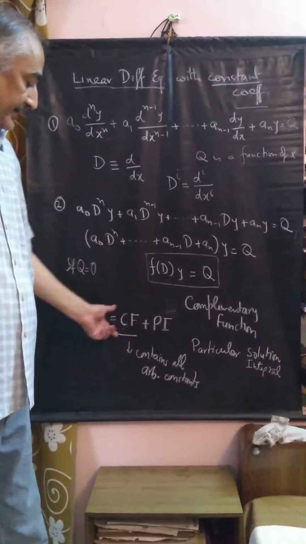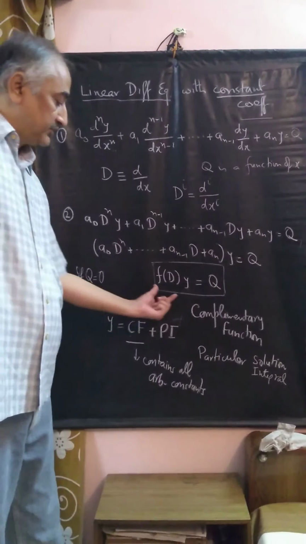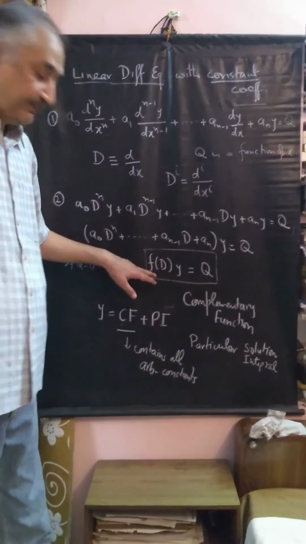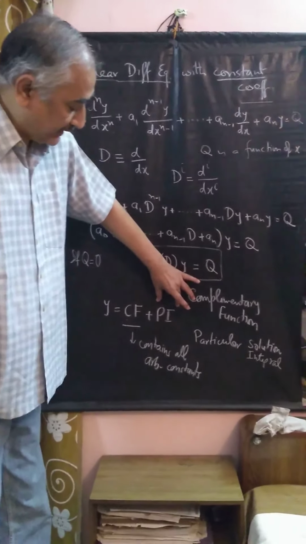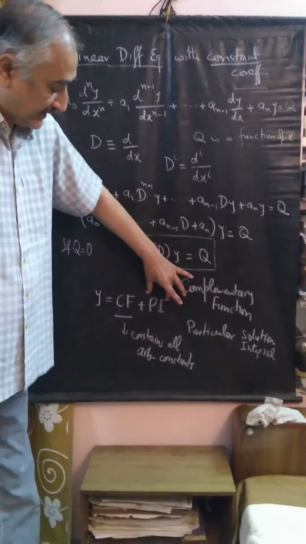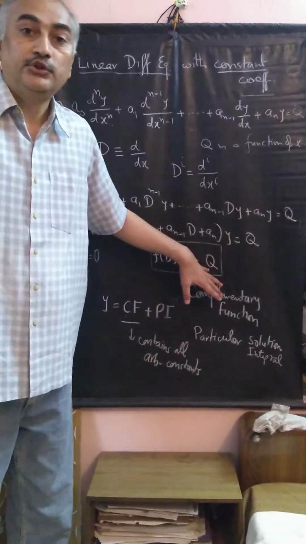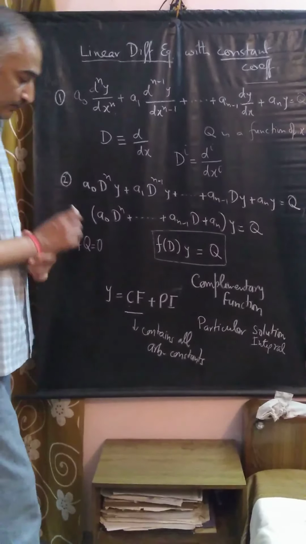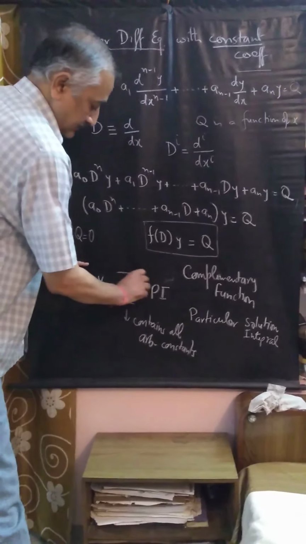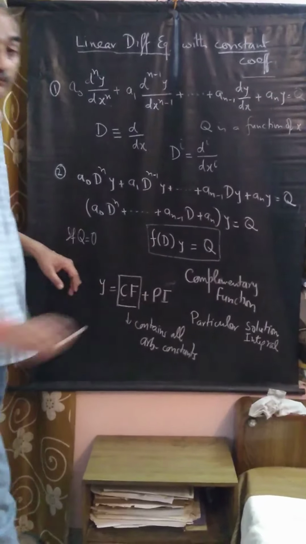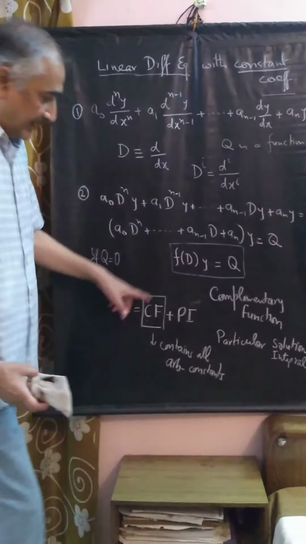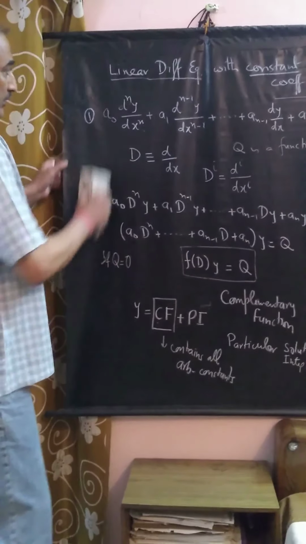You will have y equal to complementary function, which is same for both the differential equations if f(D) is same, and there is one particular integral for Q1, there is another particular integral for Q2. So first I will tell you how to write complementary function for a given type of polynomial f.